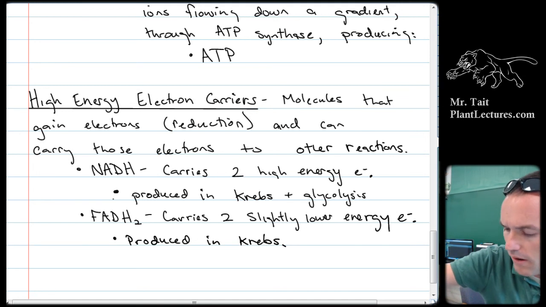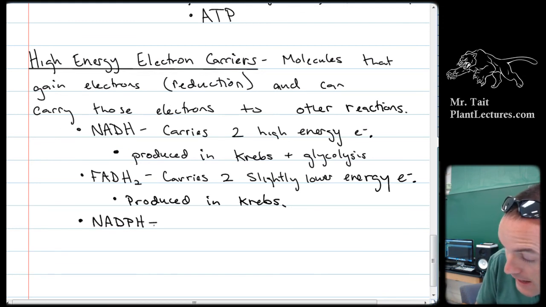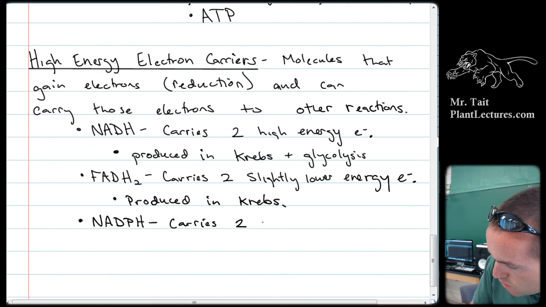Okay? All right. And the last thing here is the one that's for photosynthesis, and that is NADPH. And it's the highest energy of all the molecules here. It carries the 2 high energy electrons.